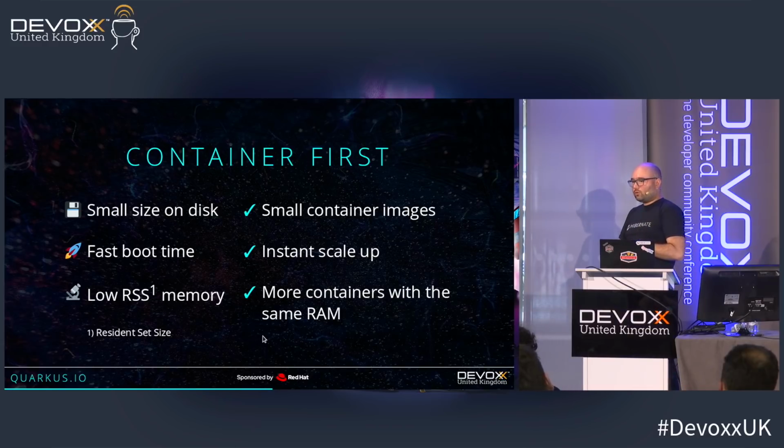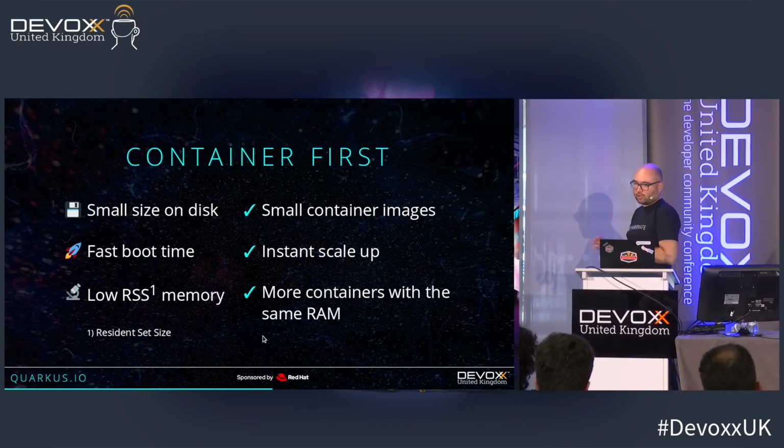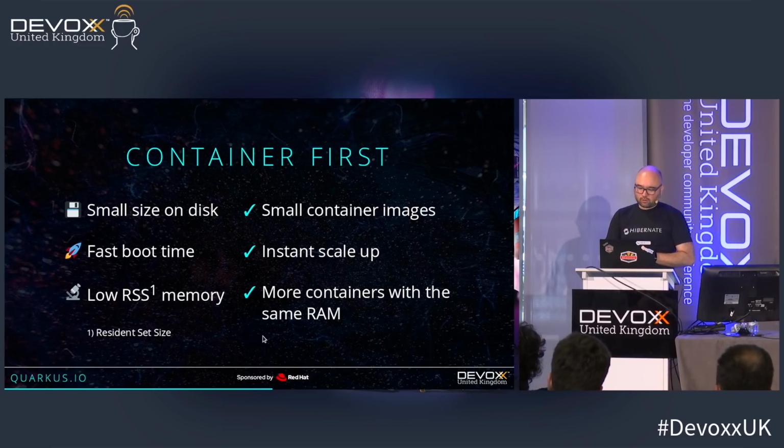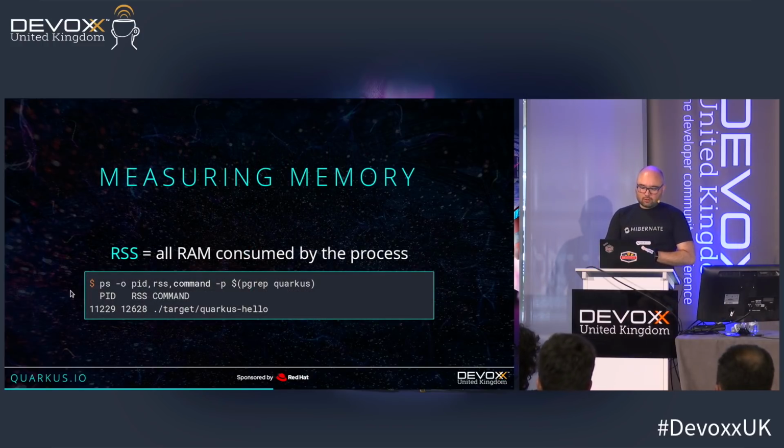But when you're running in a cloud, you need to keep in mind that every thread that you're starting needs its own stack, and every class you're loading has a bit of native memory used by the JVM. And so when you're dimensioning, like how much memory will I need for this container, you need to take into account these additional things, and that's what we're doing here. So this is the memory we measure, the resident set. That's how we do it.